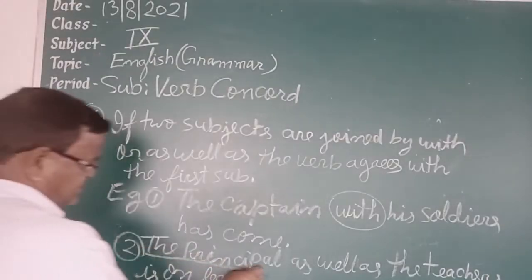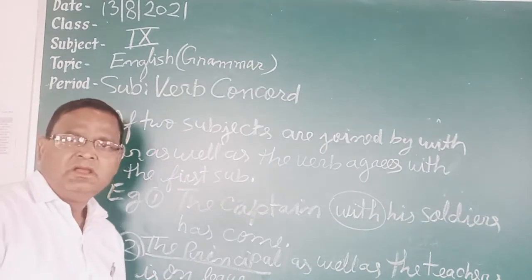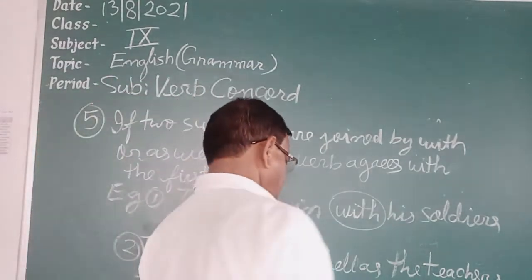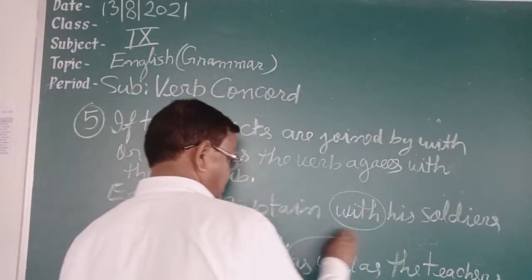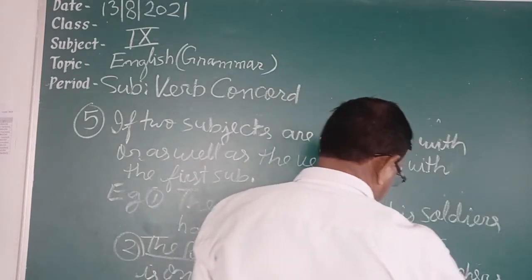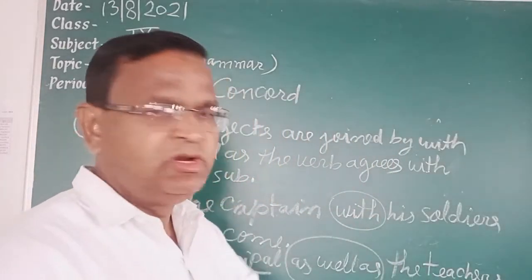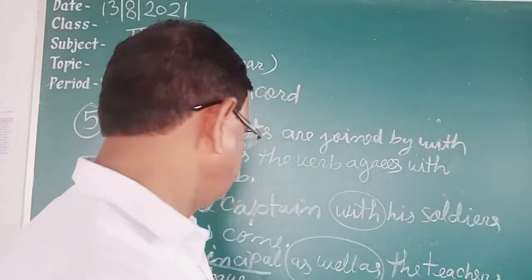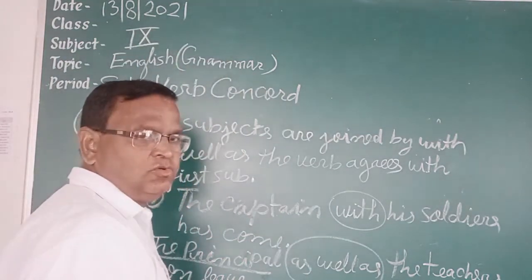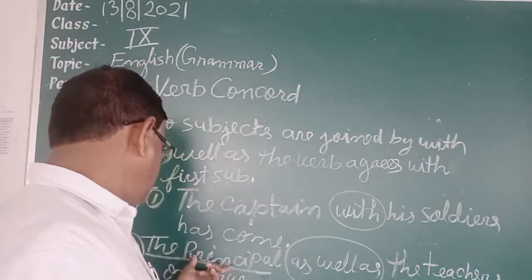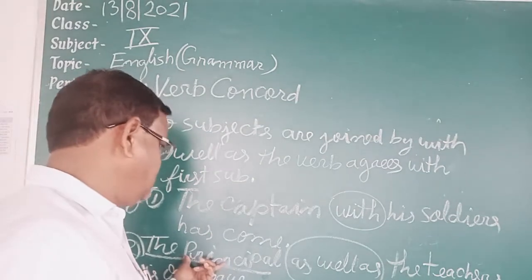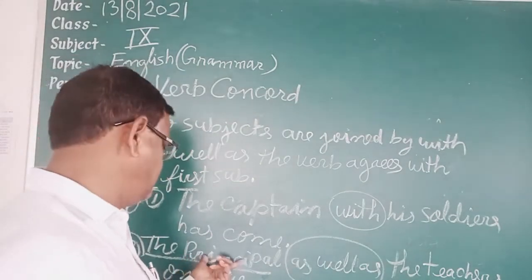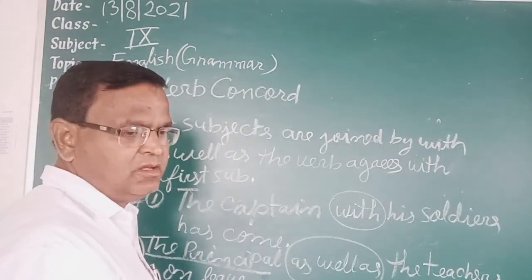Here the principal, a singular subject, has been joined by using as well as with the other subject, the teachers, which is plural. So the verb is singular and follows the first subject principal, otherwise are would be used here.